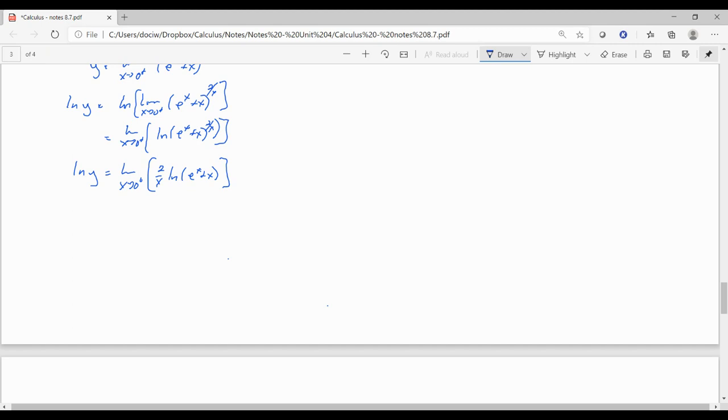The natural log of e to the x plus x, so we're approaching 0 from the right. The natural log of 1.